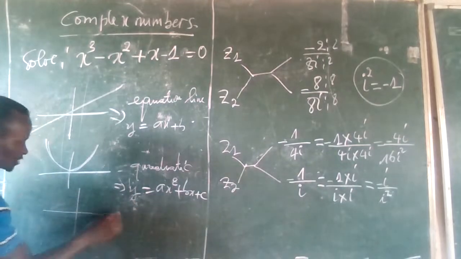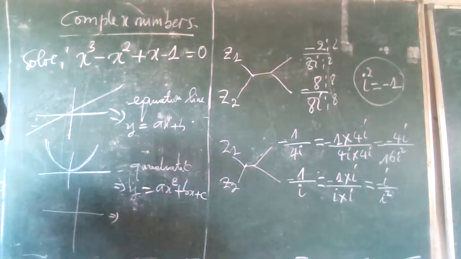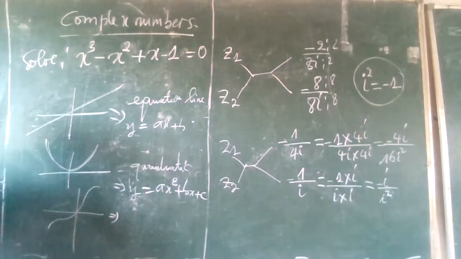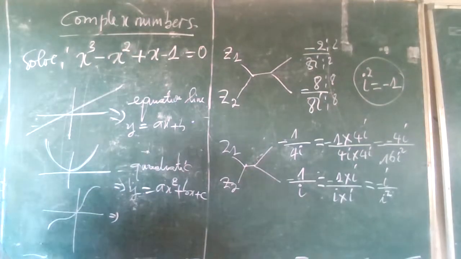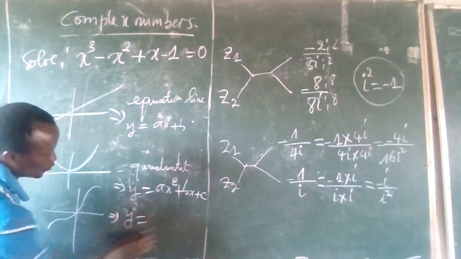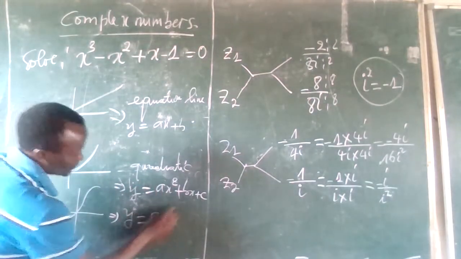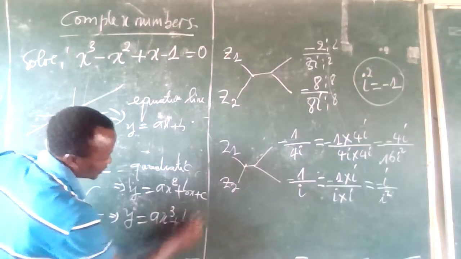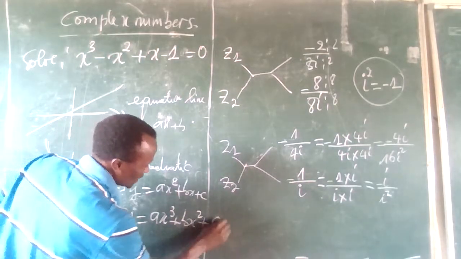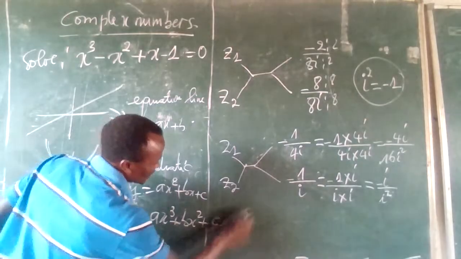The last one is the polynomial, which should be this one, a zigzag line, where y is equal to x power 3 plus bx squared plus cx plus d, letter d.